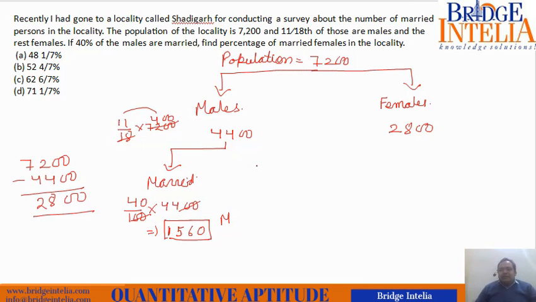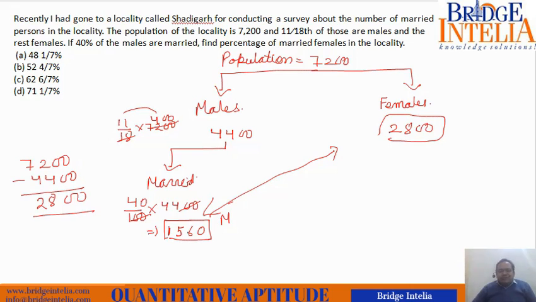See, if men are married, they must have their wives. So out of these females are their wives. So these wives are part of these females. So wives means married females. If nothing is given, you have to assume that husband and wife are living in the same town.